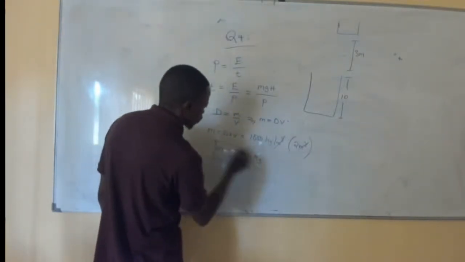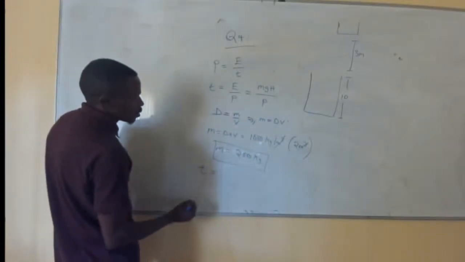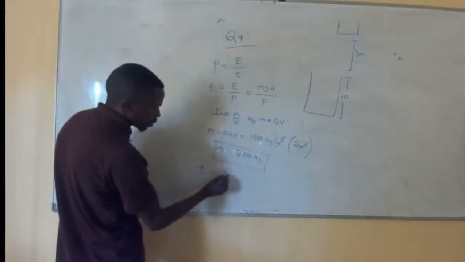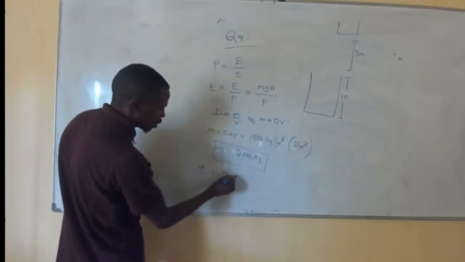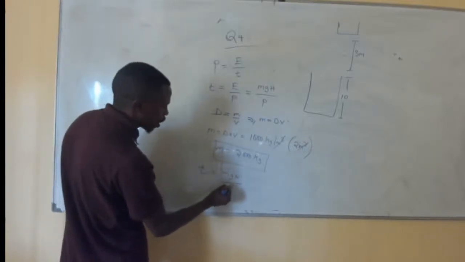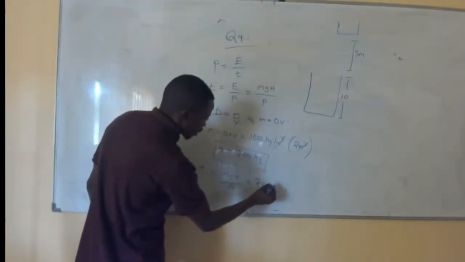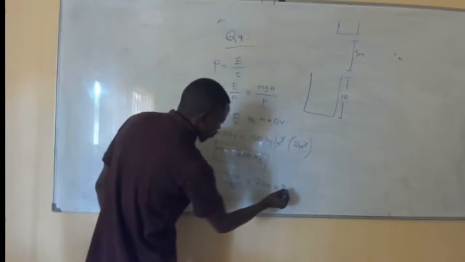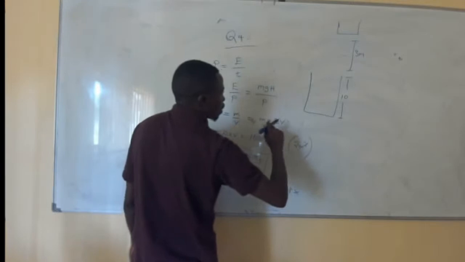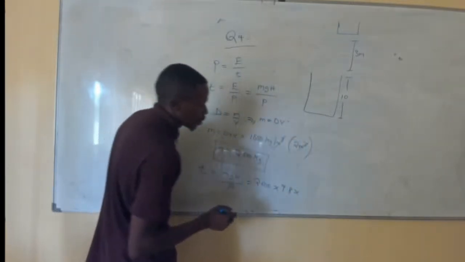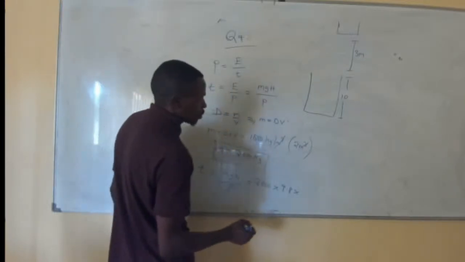So this is the mass of water, and replacing it in our equation, I can find the time is equal to mgh divided by power. Just to write it down for you for clarity: mass we just found to be 2000, times gravity 9.8, times height, which is a combination of the depth of the well together with the height at which the tank is placed from the ground up.